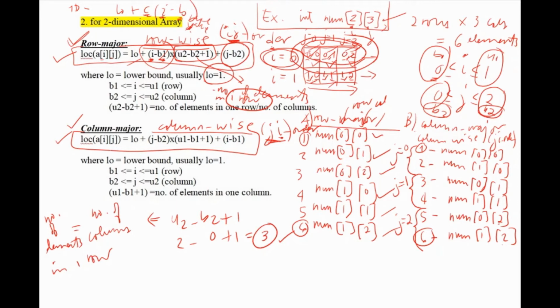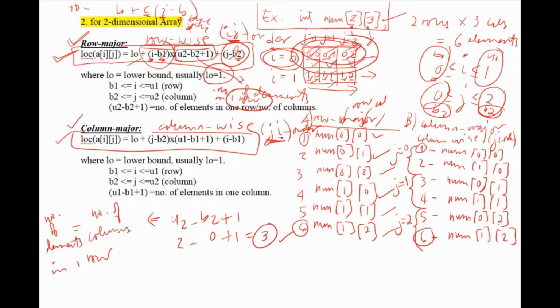So after I, it would be j. You say j minus the base of j, which is b2. That is also equal to 0. So let's try to use this time the addressing function for row major to verify the locations of these elements that we have listed here.